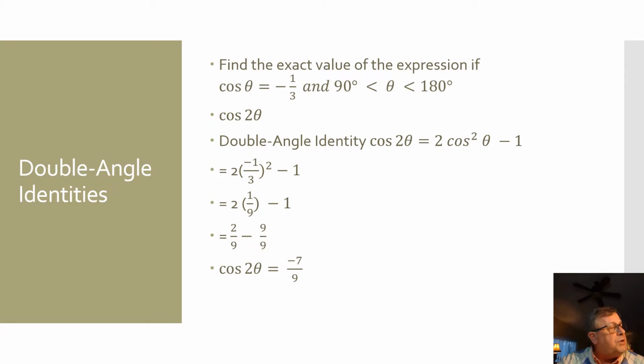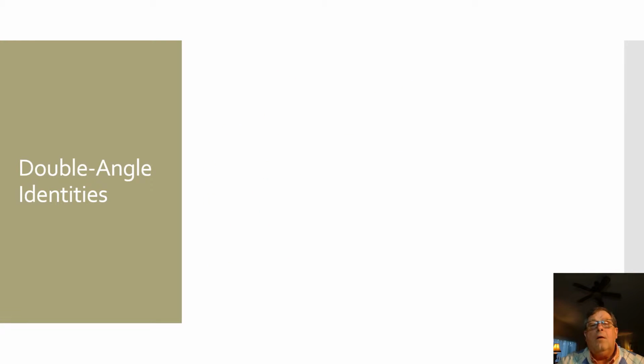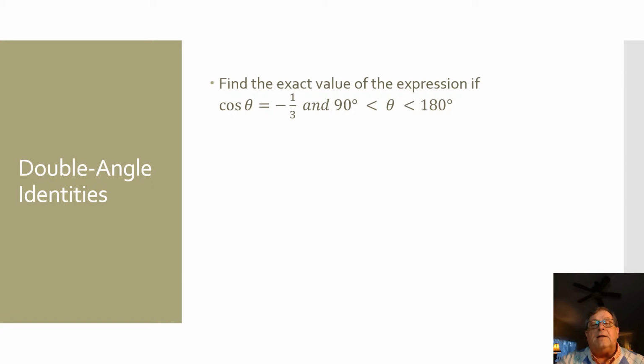I have a feeling we should do one more. Shall we? Of course. All right, let's see. This time find the exact value of the expression. Same parameters. The cosine of theta is equal to -1/3. We're in the second quadrant, between 90 and 180 degrees, and we're asked to find the tangent of 2 times theta.